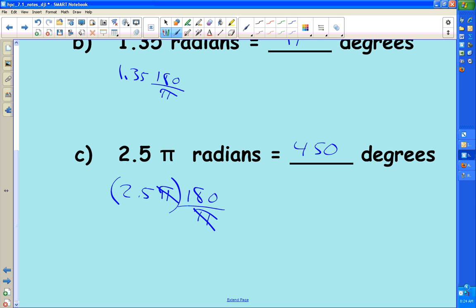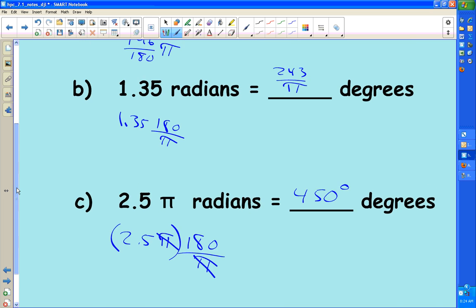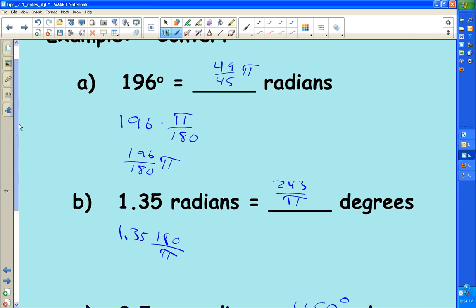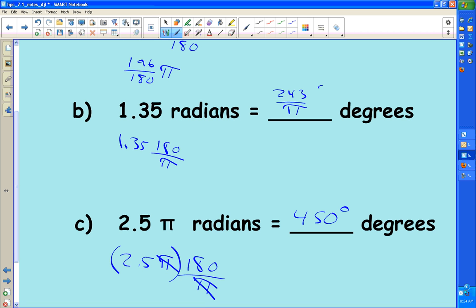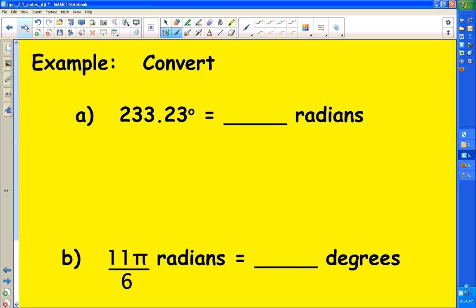And make sure you get in the habit of putting the degree symbol. Don't need the degree symbol on this one because you're filling in the blank and it says 450 degrees. But I really recommend that you do that. So this one right here, degrees. This one right here, degrees. Okay, try these two.